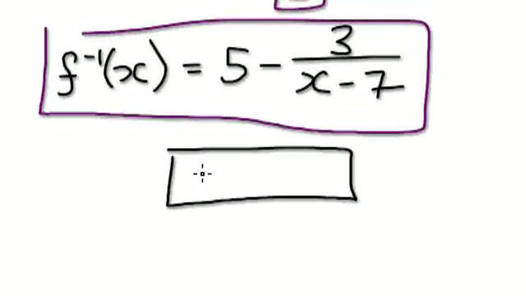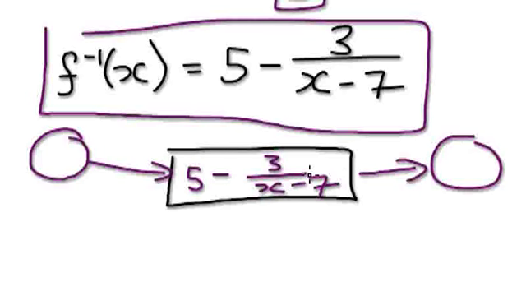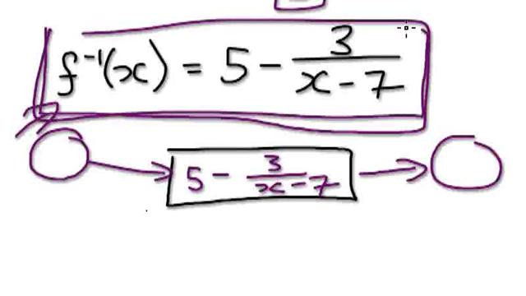So now this function here is 5 minus 3 over x. Now this machine can work backwards. So whatever you put into here, it will work backwards to find out what you put in the original machine, if that makes sense. Well, anyway, the inverse function is given by this.